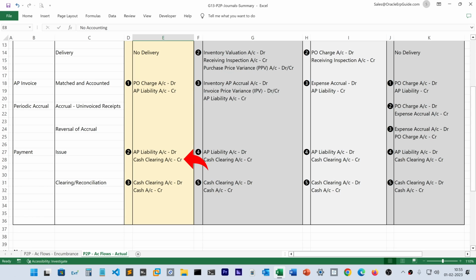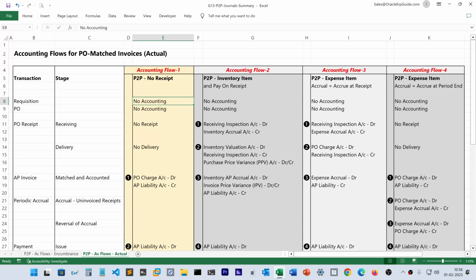The cash clearing account comes from the bank account, the business unit access tab, and then at the time of clearing and reconciliation, the cash clearing account is debited and the cash account is credited. This is the actual clearing. This cash clearing and cash account also come from the bank account definition, the business unit access tab. So that is all about the first flow, which is quite simple.